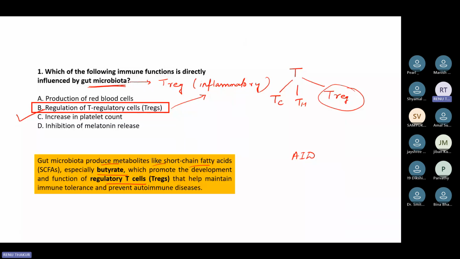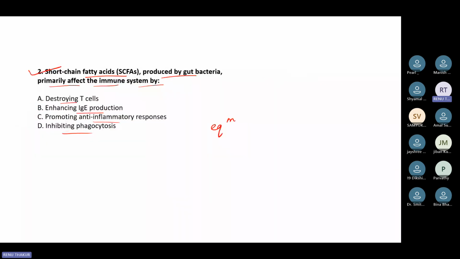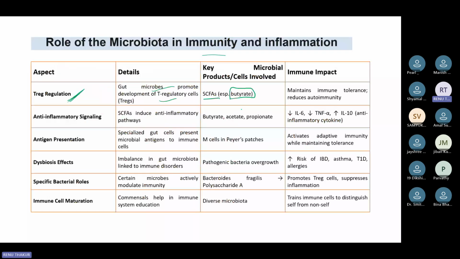I have also included the explanation that especially butyrate, because even the examiner may ask which of the following fatty acids is the most common for the activation or stimulation of the T regulatory cell. For this, butyrate is the most common one. So this is the question.